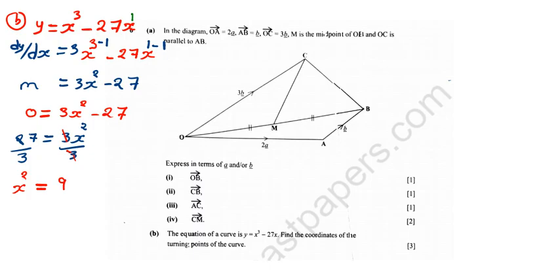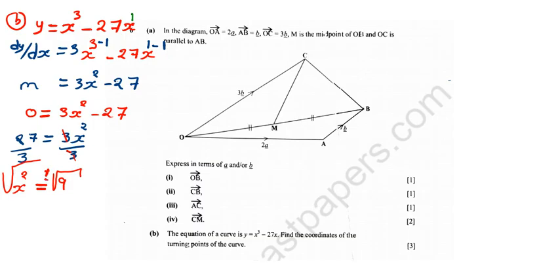So now I can find the square root of 9. I put a square root on this side, but immediately I put a square root, it becomes positive or negative.